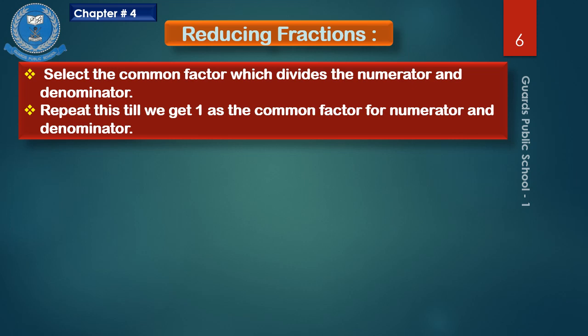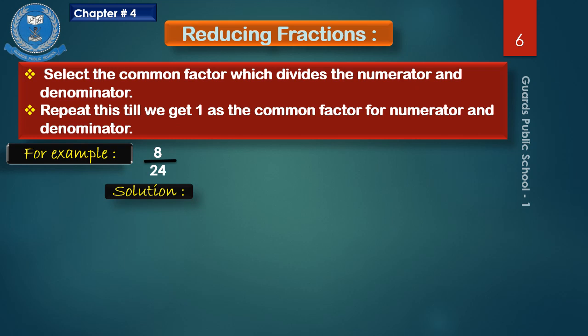Let's start with the example from your book, 8 upon 24. First we have to find out, is there any common factor that divides both numerator and denominator? Starting with the smallest number, that is 2. Let's find out. 8 comes in the table of 2. Yes, 2 fours are 8.